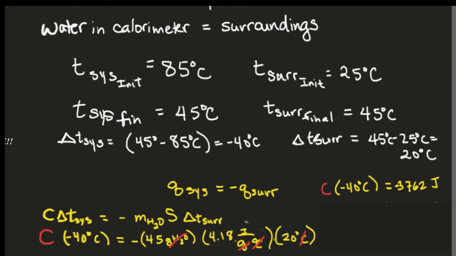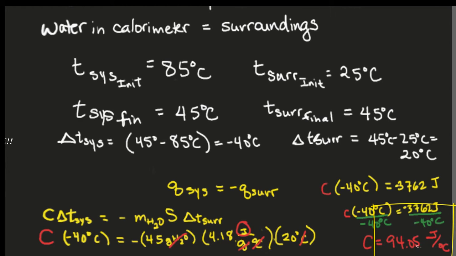So then we're left with joules. And then after you get to this step, you need C by itself, so you need to divide both sides by that negative 40. You end up with your final answer of 94.05 joules per degree Celsius.